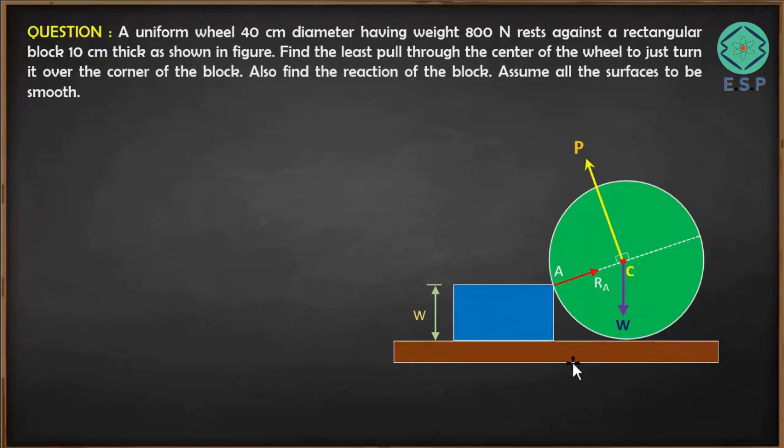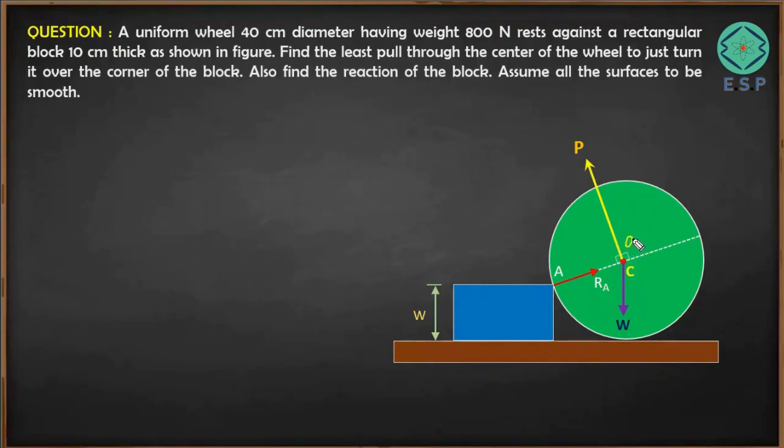So now we got the situation of all the forces acting on this particular wheel. One force is the reaction acting at point A. The weight is acting downward, that is W, and the pull what we are applying on the wheel is P. Now it is very important to know here that this P is applied at angle 90 degree. So these angles are 90 degree. So this particular force is perpendicular to diameter of the wheel. You can see here this angle will remain 90 degree, friends.